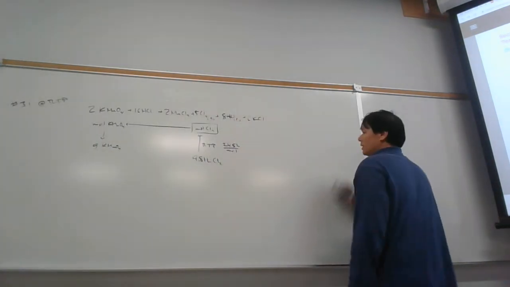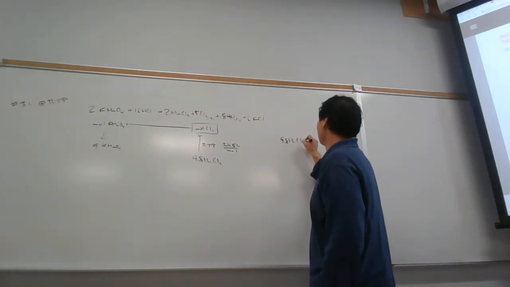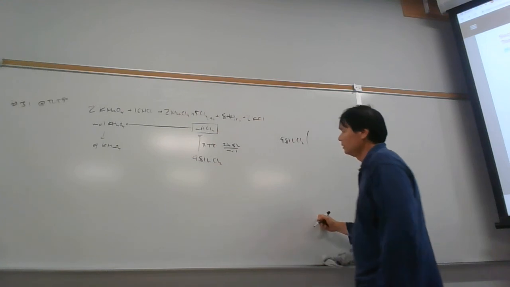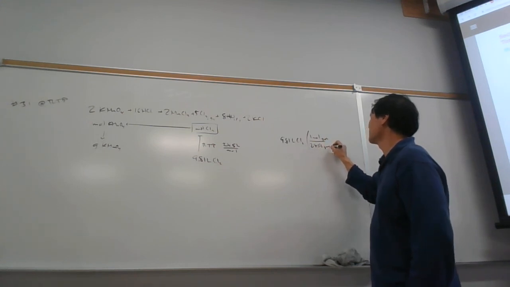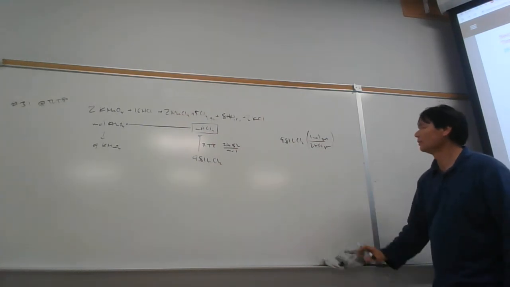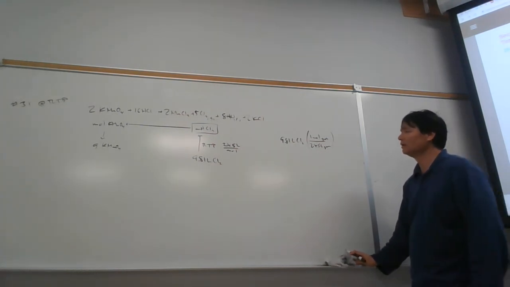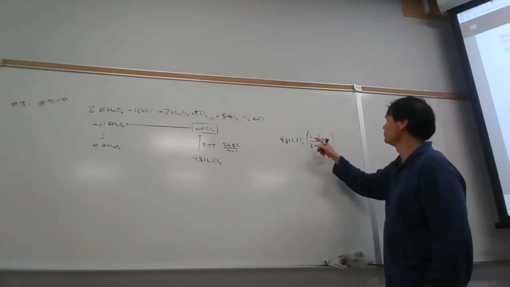So let's set this one up. It's going to be 9.81 liters of chlorine. And then at RTP, 1 mole of any gas occupies 24.5 liters. In this case, the gas is chlorine, and 1 mole of chlorine gas occupies 24.5 liters. That's going to give us moles of chlorine.